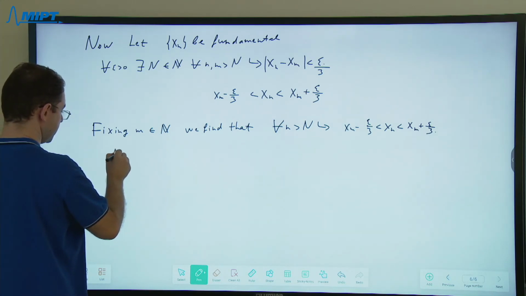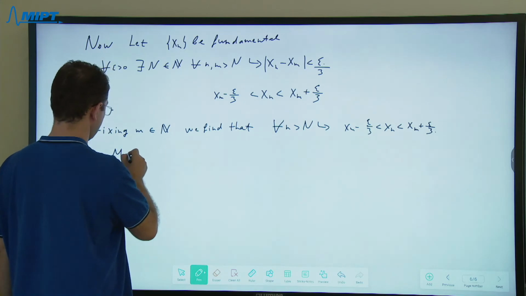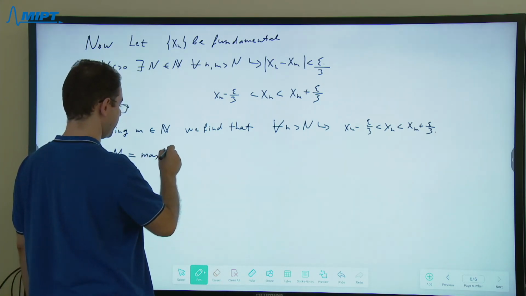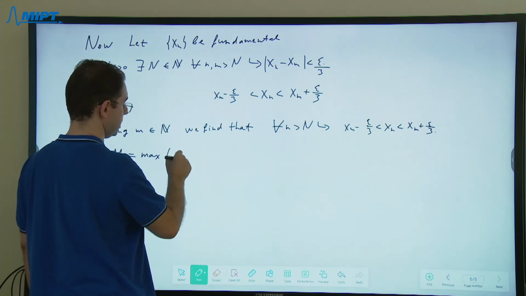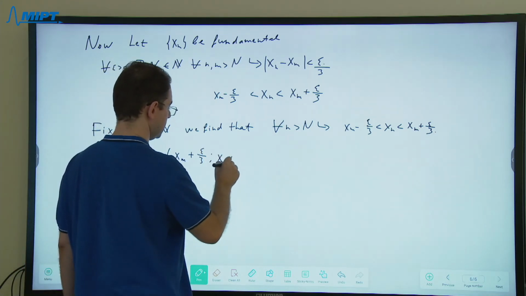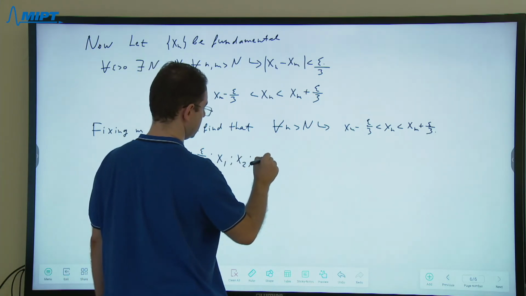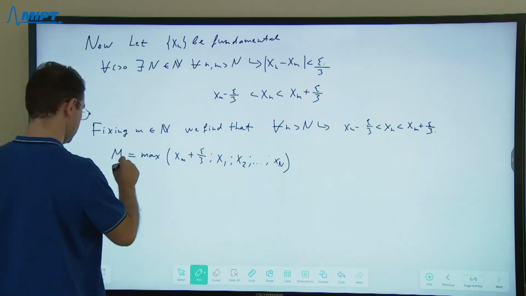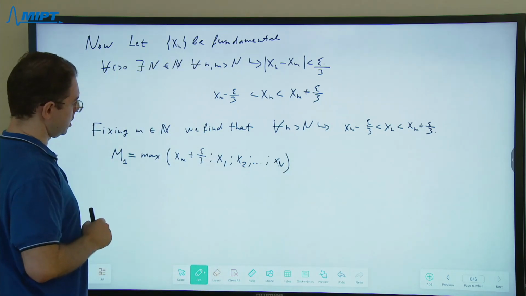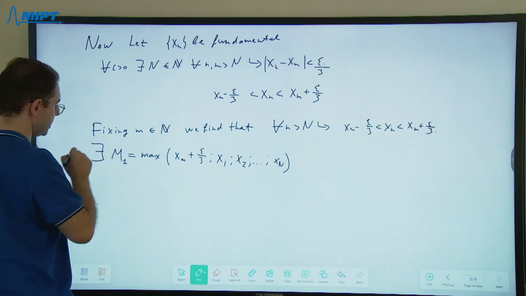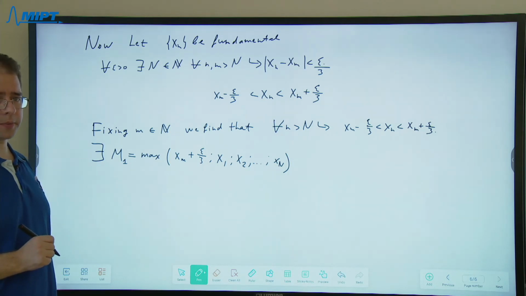Let's call capital M1 the maximum of xm plus epsilon divided by 3 and x1, ..., xN.